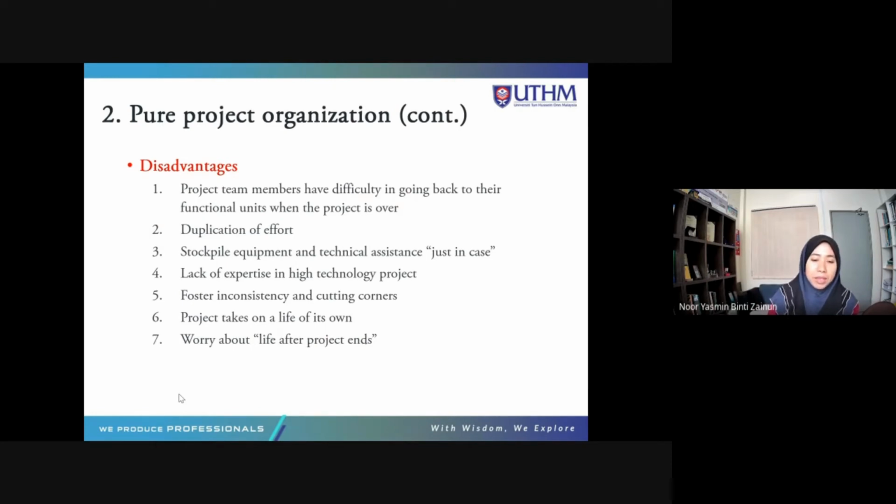And when the project is finished, where do we want to work? Some staff will go back to the company. But some of the staff will be terminated, they get fired if there is no project, if the company does not get a new project.